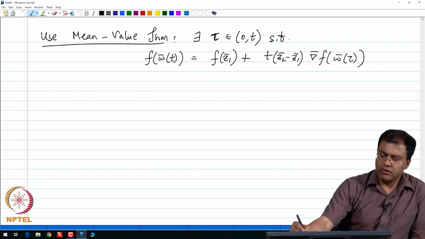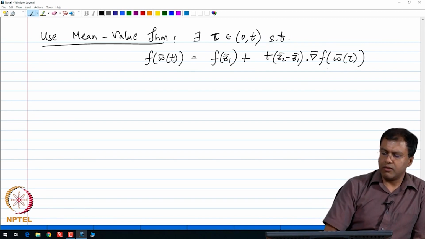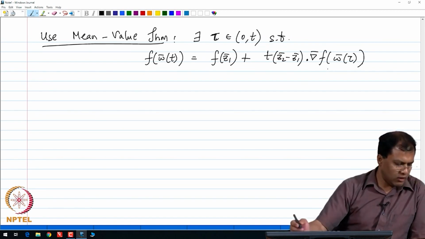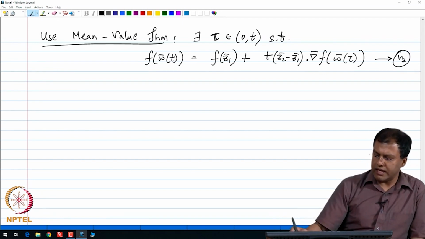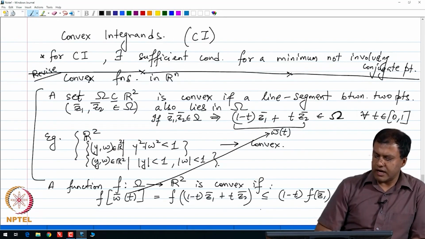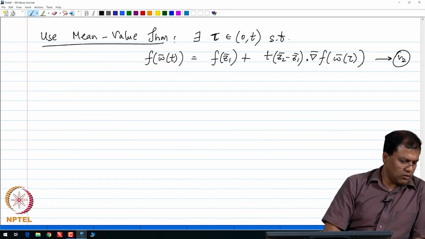Okay. So, this is a vector dot product, because we are talking about vectors, and let me call this result R2. So, the inequality in R1 has been changed to an equality in R2 using the mean value theorem. Okay.